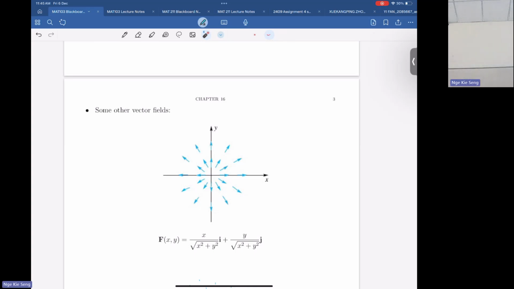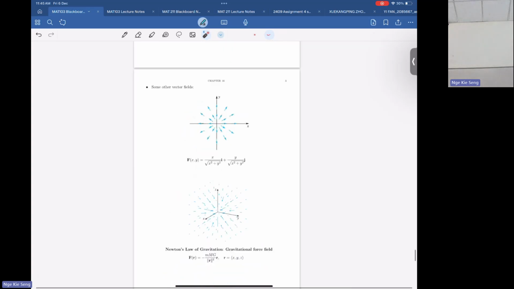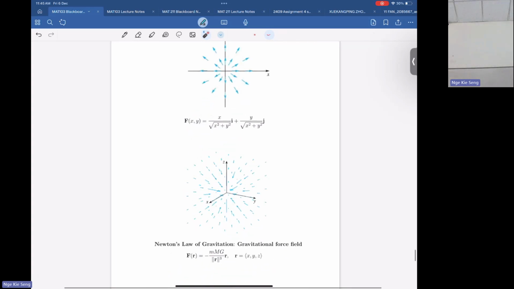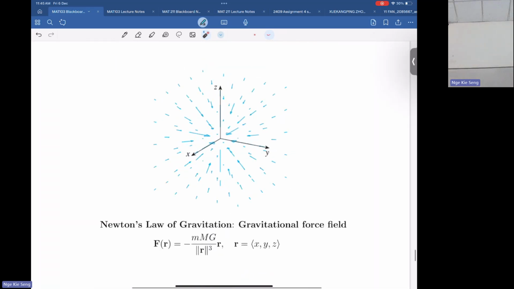Vectors go outward from the origin, and then there's another one going inwards, right? Because this is exactly gravity. Going inwards. So how do you go inwards here? You put a negative direction.